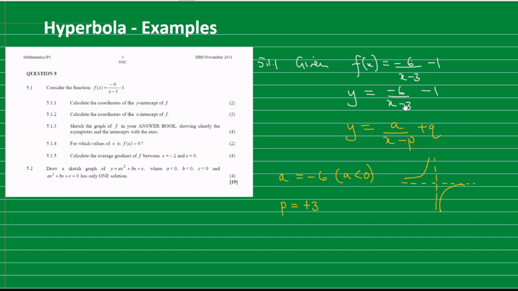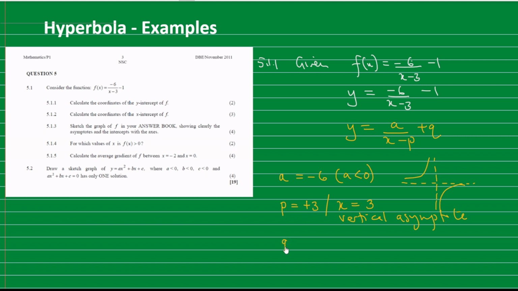So what does that mean? x is equal to p, which means x is equal to 3 is our vertical asymptote. What is our q? Our q is negative 1.